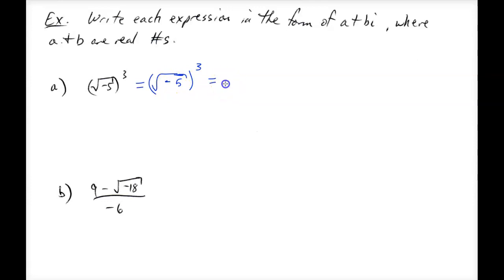And of course, we know that we can rewrite this as the square root of 5 times the square root of -1, all that raised to the 3. And using our exponential rules, we know that this is the square root of 5 raised to the 3 times, of course, the square root of -1 is just i, so that'll be i cubed.